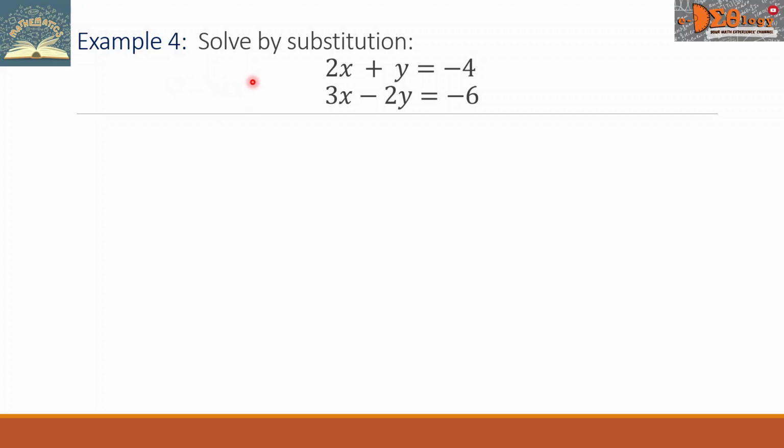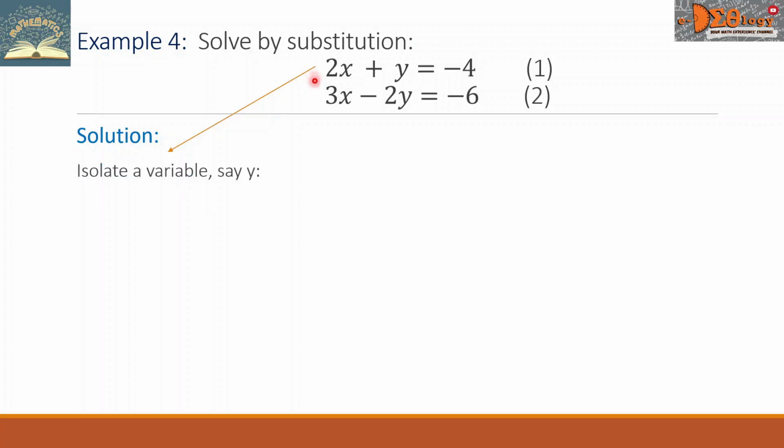Example 4. Solve by substitution. 2x plus y equals negative 4. 3x minus 2y equals negative 6. Let us name the first equation to be equation 1, the second equation to be equation 2.